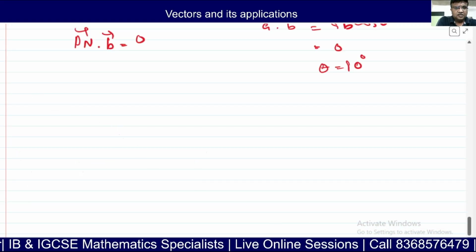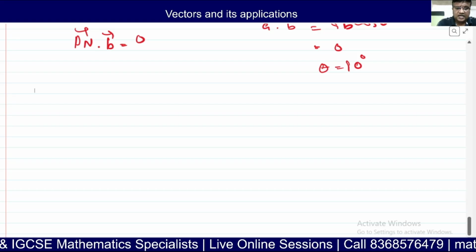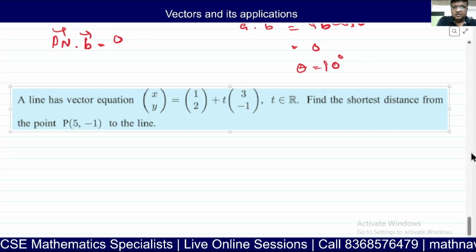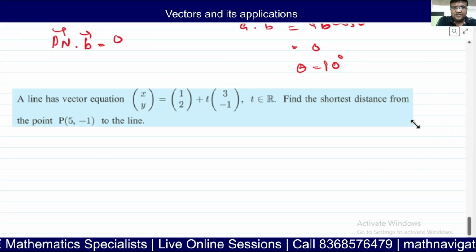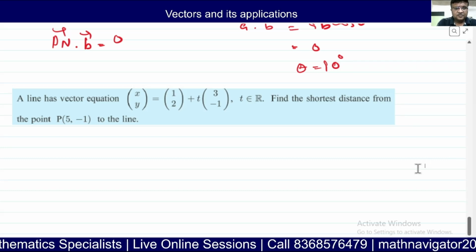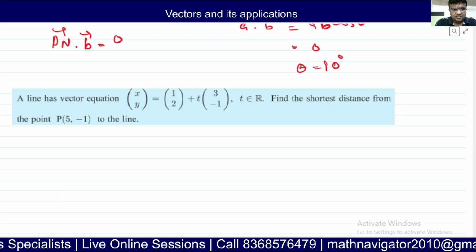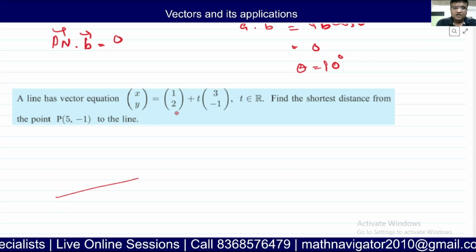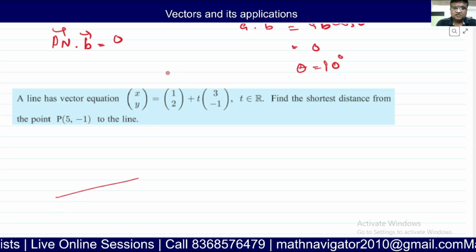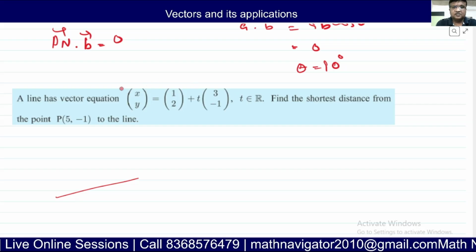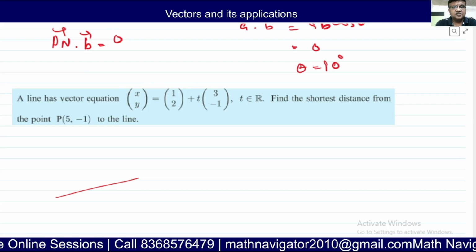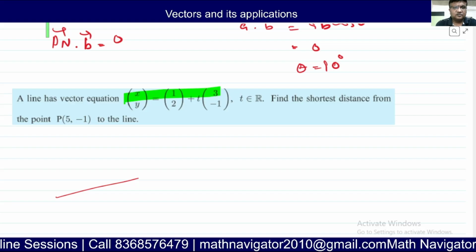Right, so let's start. Very good. Now I'm given this, which is my vector equation of the line.